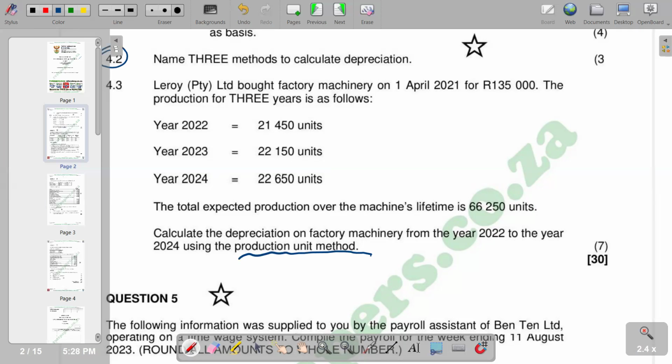So on the production unit method, remember we are going to calculate the depreciation for year 2022, for year 2023, and for year 2024.